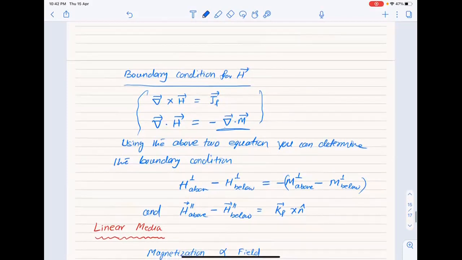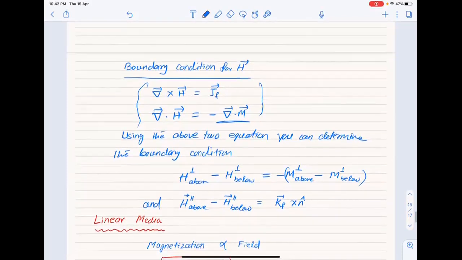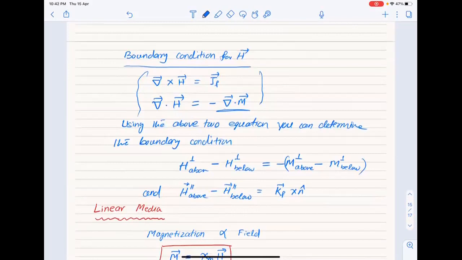You will find out that H perpendicular above minus H perpendicular below will give you M above minus M below. So you can use this equation, del dot H equal to minus del dot M, and then construct a pillbox and calculate the H perpendicular above and H perpendicular below. That discontinuity is given by minus M perpendicular above minus M perpendicular below.